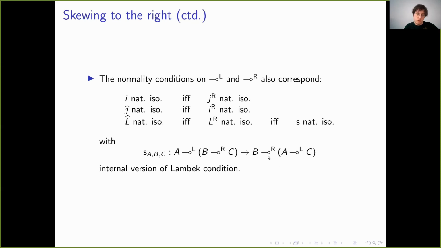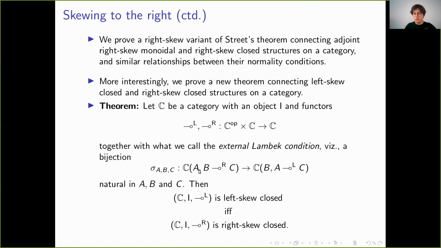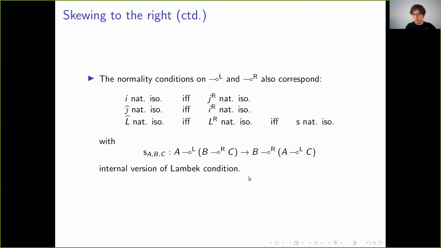And if you look at what it is, this is just an internal version of our lambic condition. Right? So you can swap A and B here, but you have to swap also the lolly L and the lolly R.